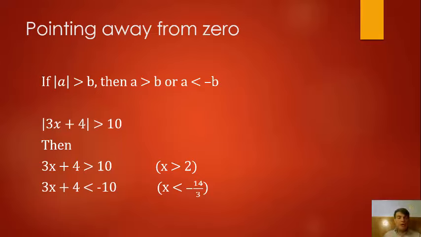Negative 4 and 2/3. So if I were to graph this on a number line, basically I would have everything greater than 2 on the one side, or I guess the way you're looking at me, everything greater than 2 and everything less than negative 14 thirds. So that's how solving absolute value inequalities works.